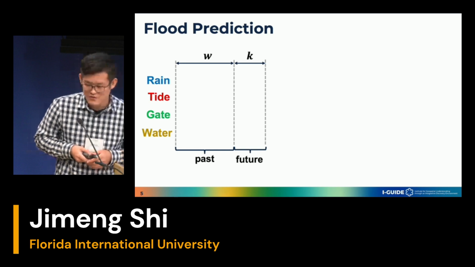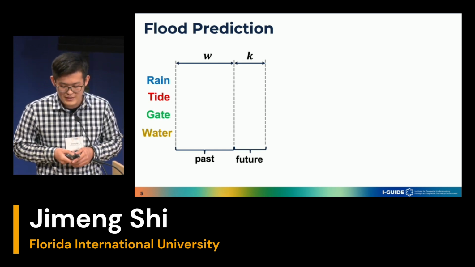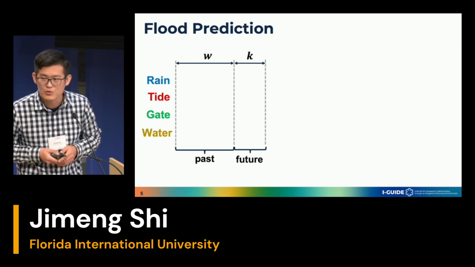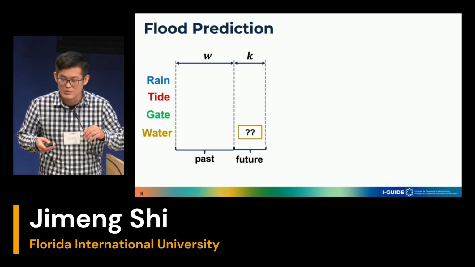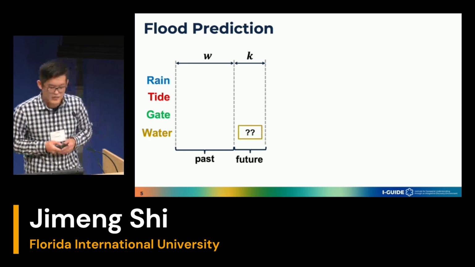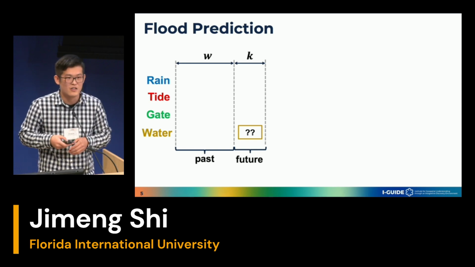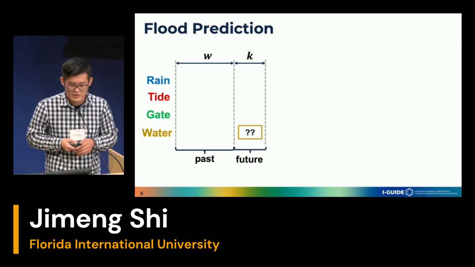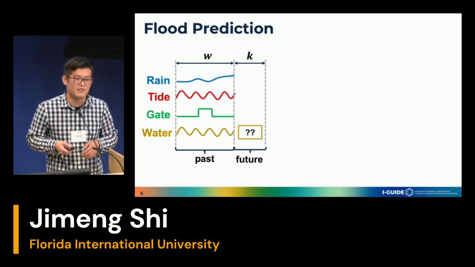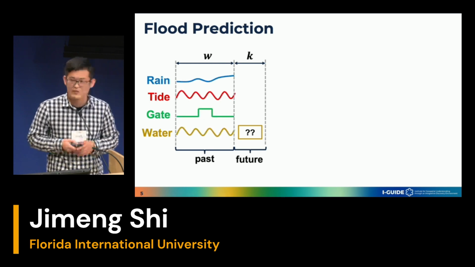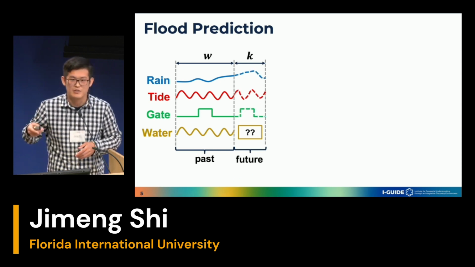But for flood prediction, we aim to predict the water level in the future, let's say, k time steps, by considering the input from the recent past of all of the variables. We believe the future information can have some impact on the water level in the future. So at the same time, we consider some information from exactly k time steps in the future.